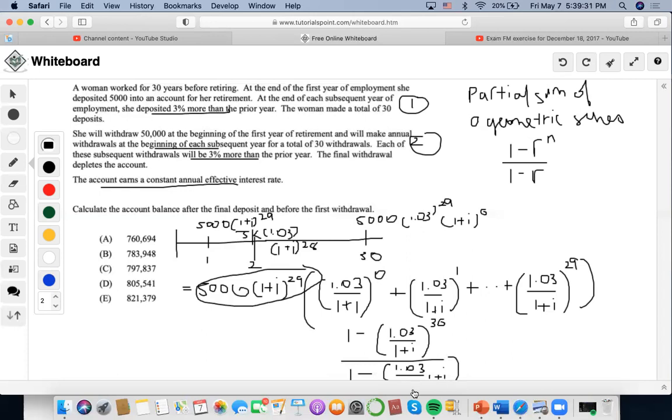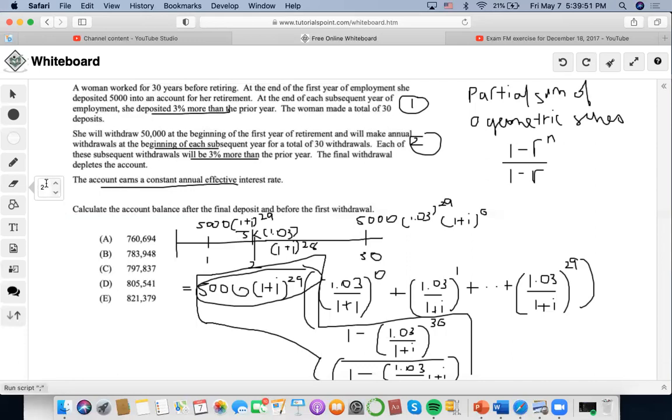Now, then we find out that the accumulation formula is going to equal this 5,000, 1 plus i to the 29th term times this geometric fraction, right?